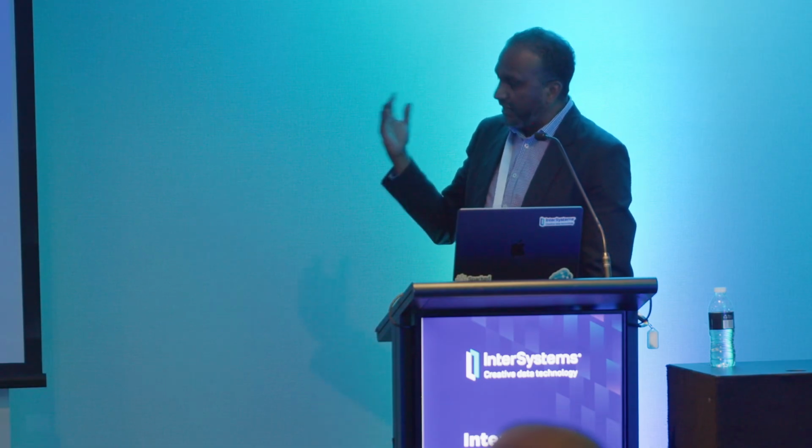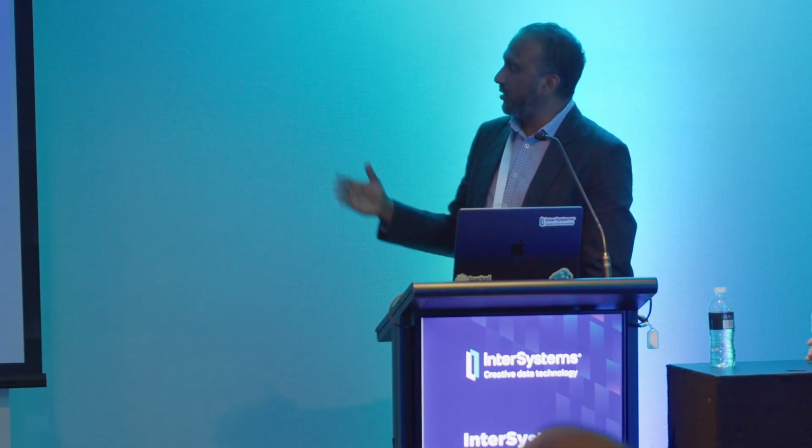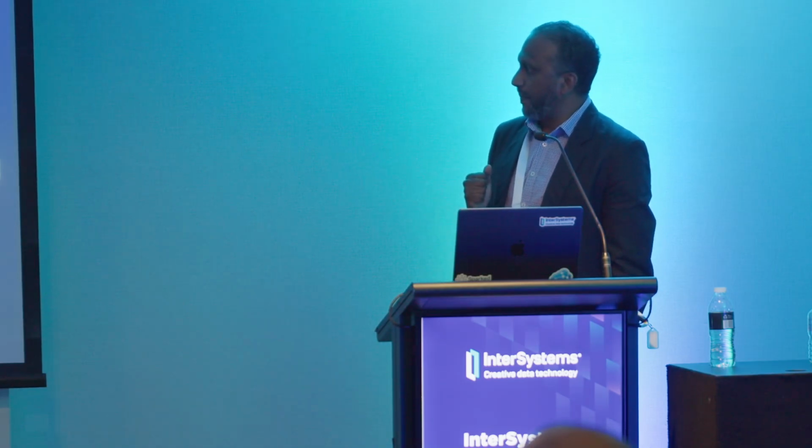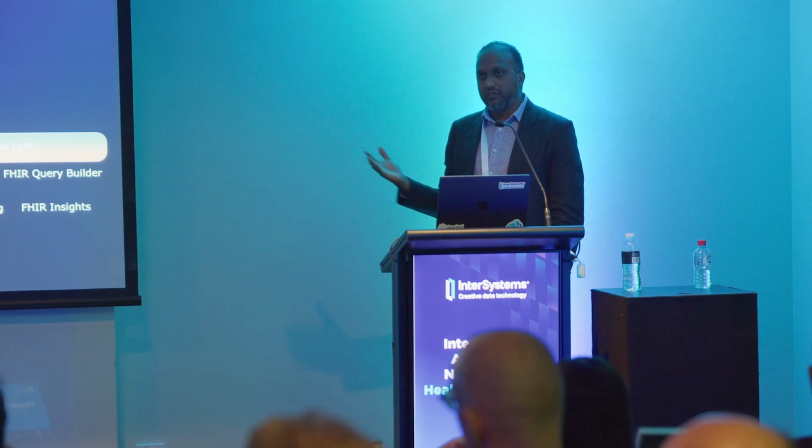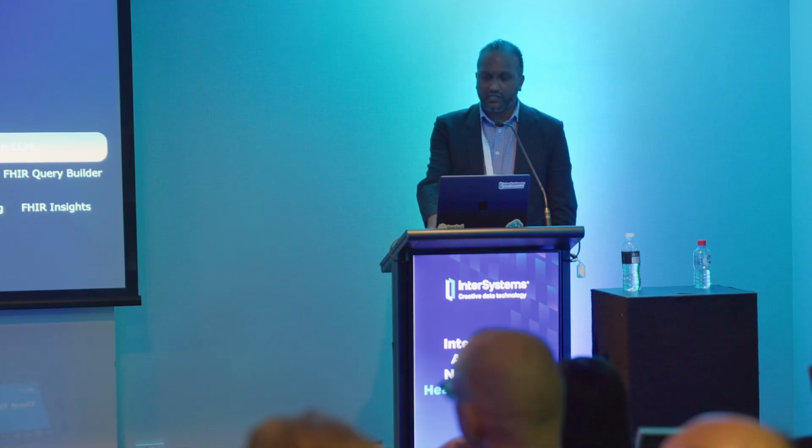I did mention that we're treading carefully with that, but there are things we are doing which are a bit low risk. So for example, we are integrating with large language models in order to bring features like the DTL explanation and the FHIR query builder, so to allow you to build FHIR queries.